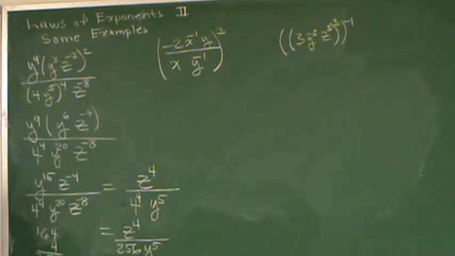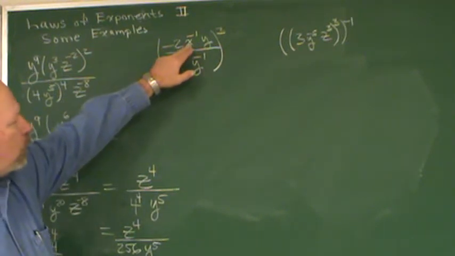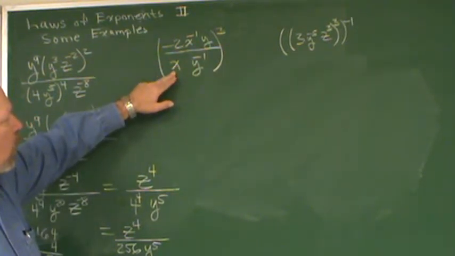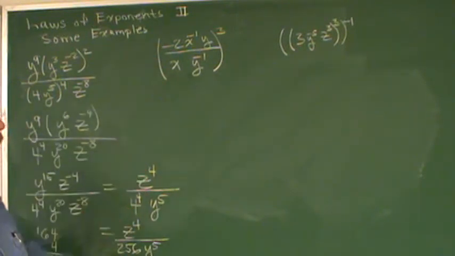Alright, so the second example, we have a quantity raised to the third power. Now, what I like to do is simplify inside parentheses first before I start bringing in outside influences. Now, looking at this, I have negative 2 x to the negative 1 y, then over x y to the negative 1. And this whole mess is cubed.